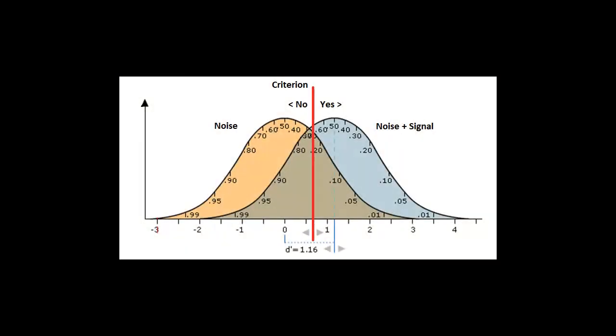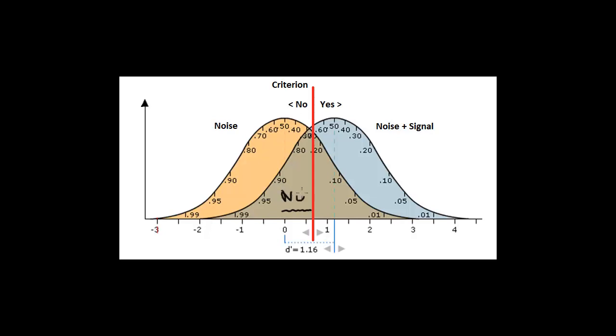Now, there's something called the criterion as well, also known as the bias or the beta. This is your decision threshold, basically. If the activity crosses this threshold, you conclude that you heard the doorbell, and the radiologist concludes that she's spotted a tumor.